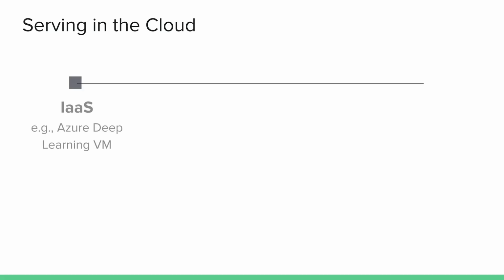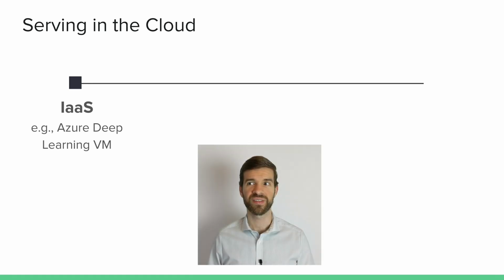We can also serve our models in the cloud, and we have kind of a spectrum of how we want to serve our models. One way would be so-called infrastructure as a service, IaaS. For example, just a virtual machine that you can rent. Basically, someone giving you the keys to their computer, and you can do whatever you want on that machine.